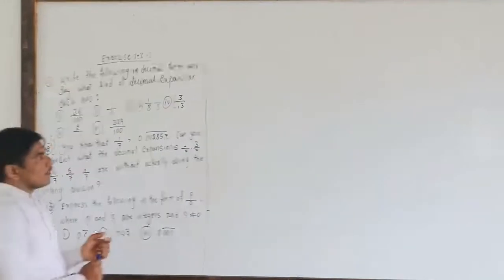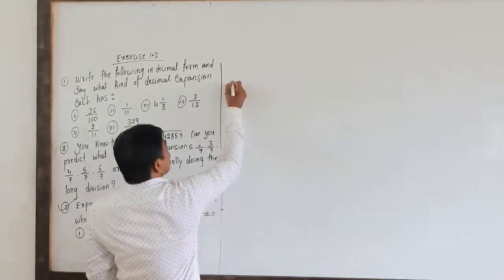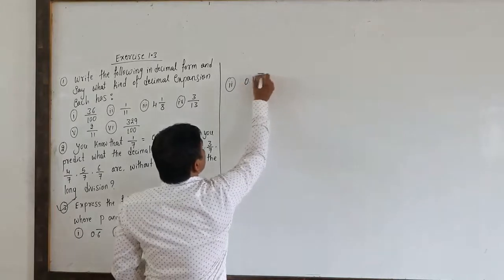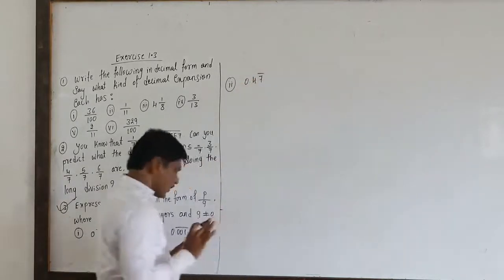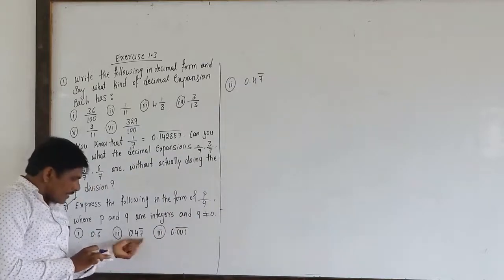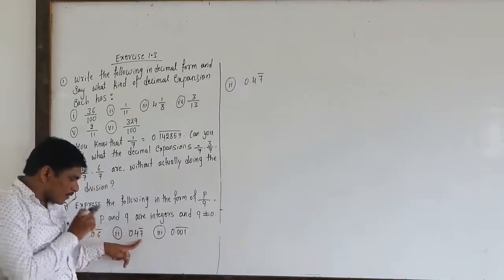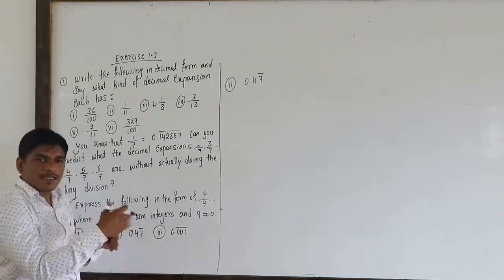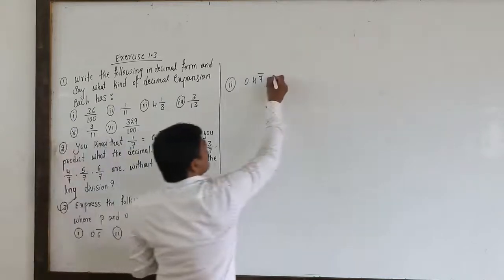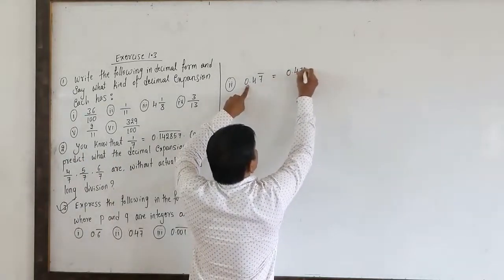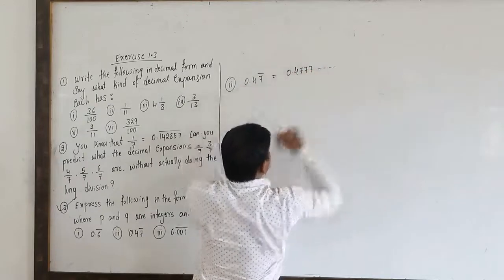Next, the second one, 0.47 bar. Now concentrate carefully. In this problem, the bar is related to only one digit, 7. It means the 7 is repeated continuously. That's why you write it here: 0.4777 and so on.